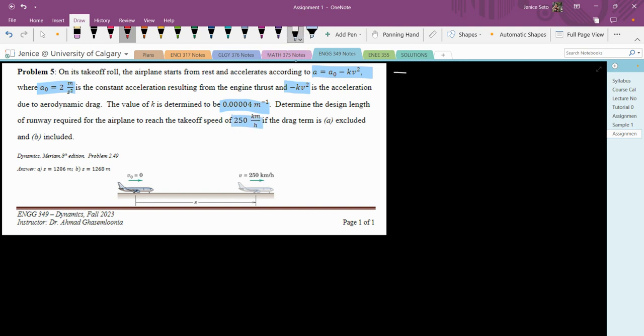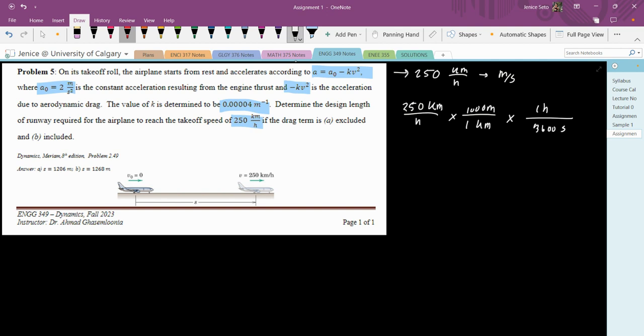First things first, before anything, I'm going to transform this into meters per second. So that's going to be 250 kilometers an hour. Let's get rid of the kilometers: 1,000 meters in a kilometer. Let's get rid of our hours: in 1 hour, we have 3,600 seconds.